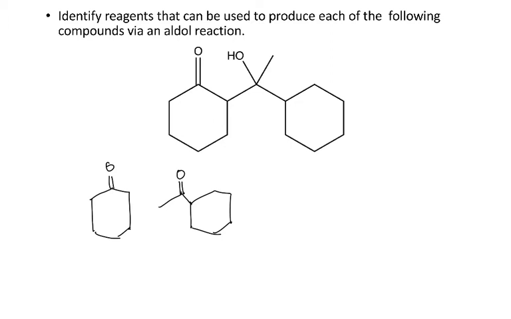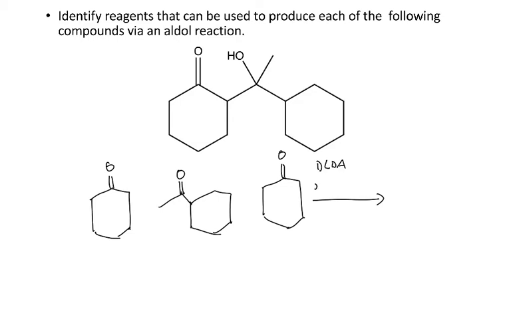So what we need to do instead is start with the ketone that we want to be the nucleophile. And the reagents we need to add is, first, LDA to convert that completely into the enolate.